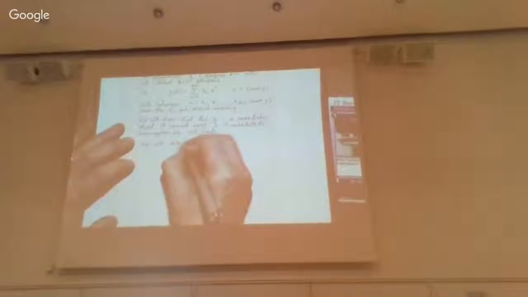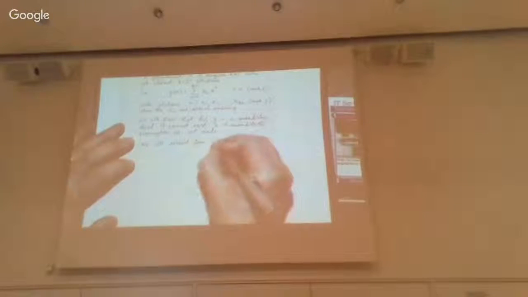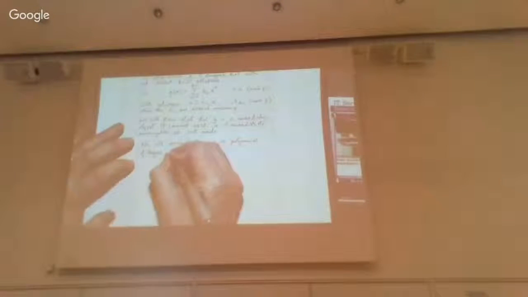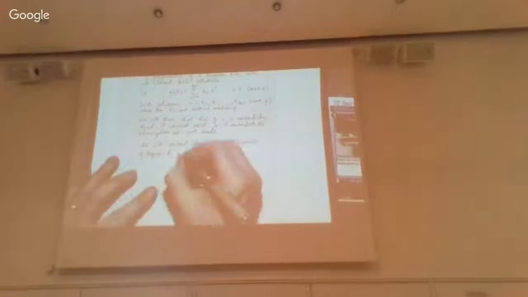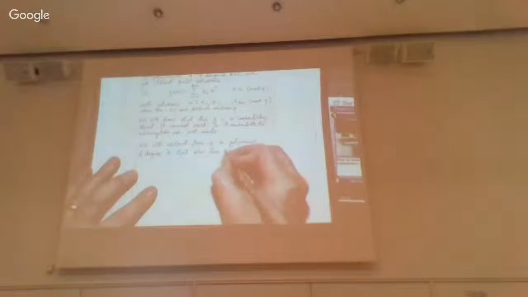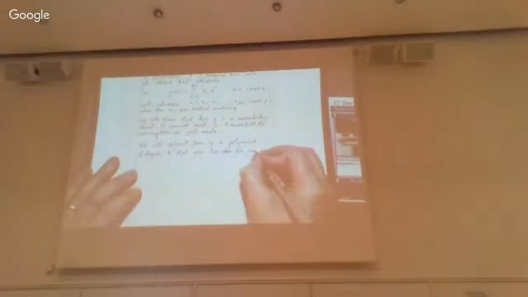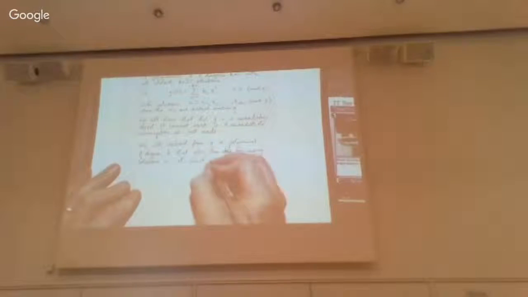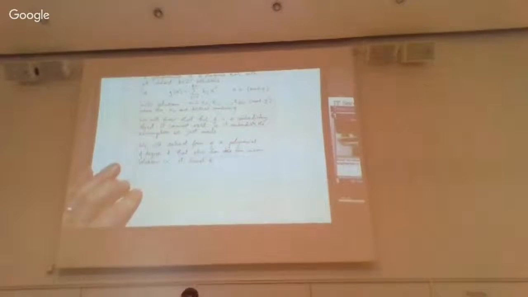We will extract from little g a polynomial of degree 1 less, of degree k, that also has too many solutions, i.e. at least k plus 1 solutions.